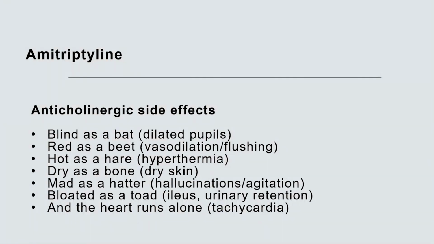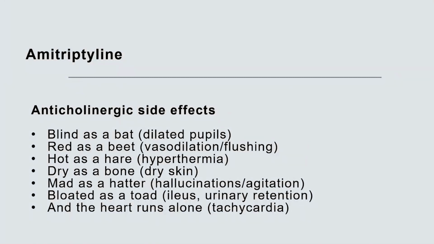But there are some what we call anticholinergic side effects associated with amitriptyline, this particular class of drugs. And here's a bit of a reminder about what they are. People talk about being blind as a bat, so they might have dilated pupils and some photosensitivity. Red as a beet, they might be vasodilated and flushed. Hot as a hare, they might experience hyperthermia.